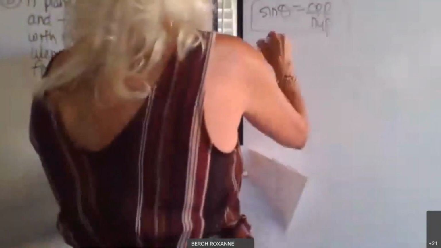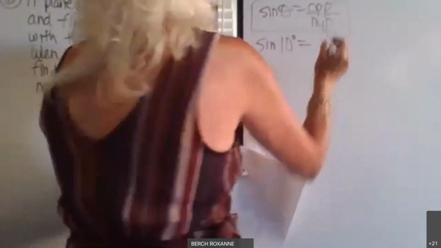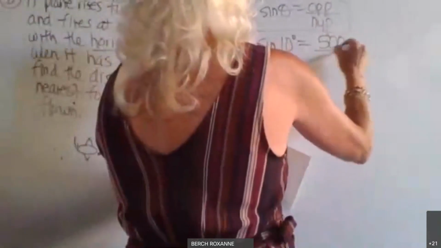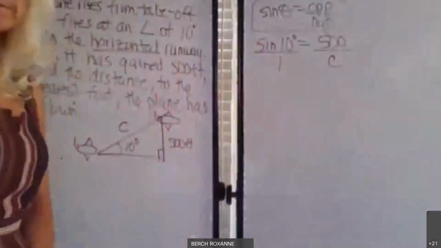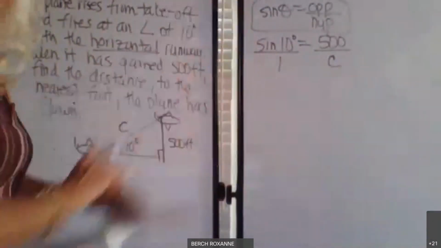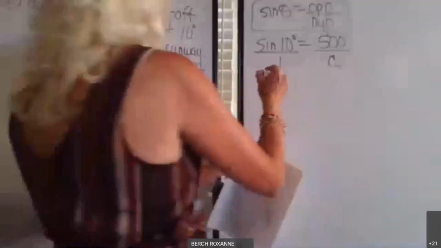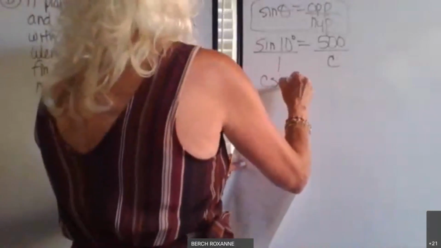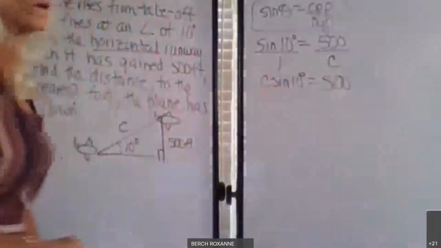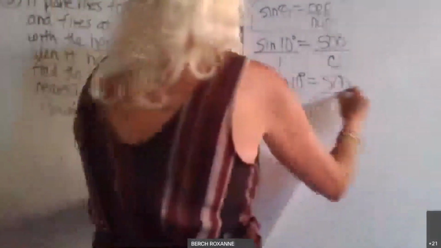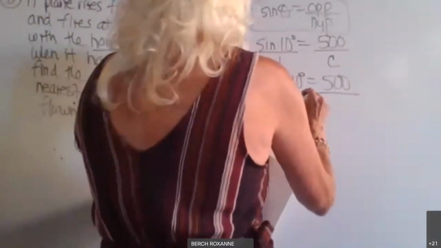Sine of 10 degrees is equal to 500 over the hypotenuse. This time I'm going to use a proportion. Last time I multiplied both sides by c. So this would be c sine of 10 degrees equals 500 times 1. We're solving for c, so we're going to divide both sides by sine of 10 degrees.